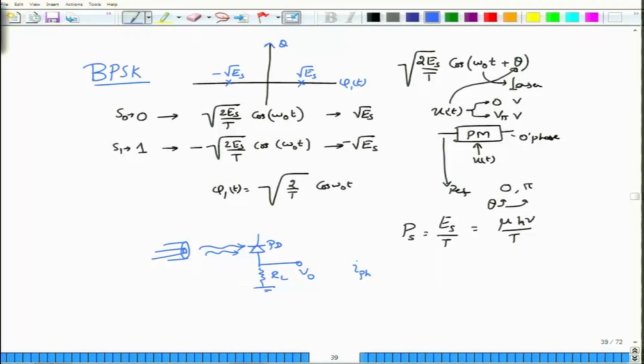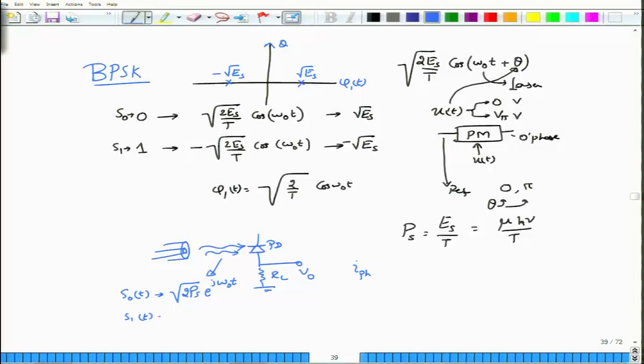Okay, what is the complex electric field that you are receiving here? The complex electric field that you receive here will be square root of 2 PS, I am now writing PS, times cs of t, e to the power j omega 0 t. When you transmit S0, that is for the symbol 0, you are transmitting this one.